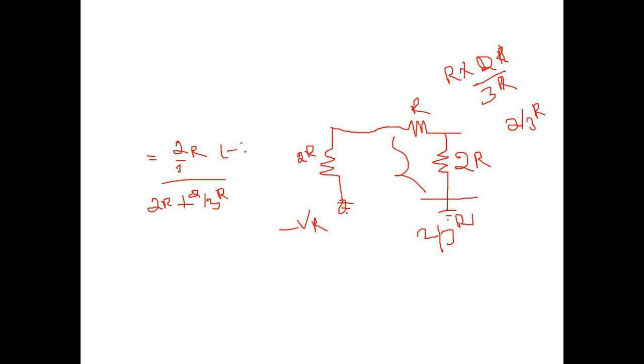Input voltage is minus VR. If you simplify the above equation, finally we will get minus VR by 4.